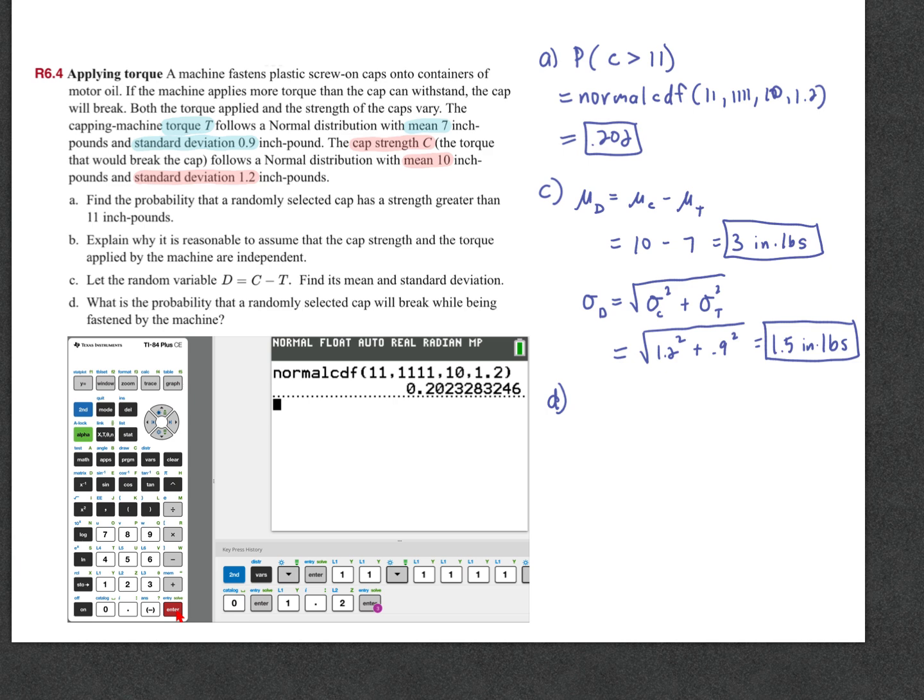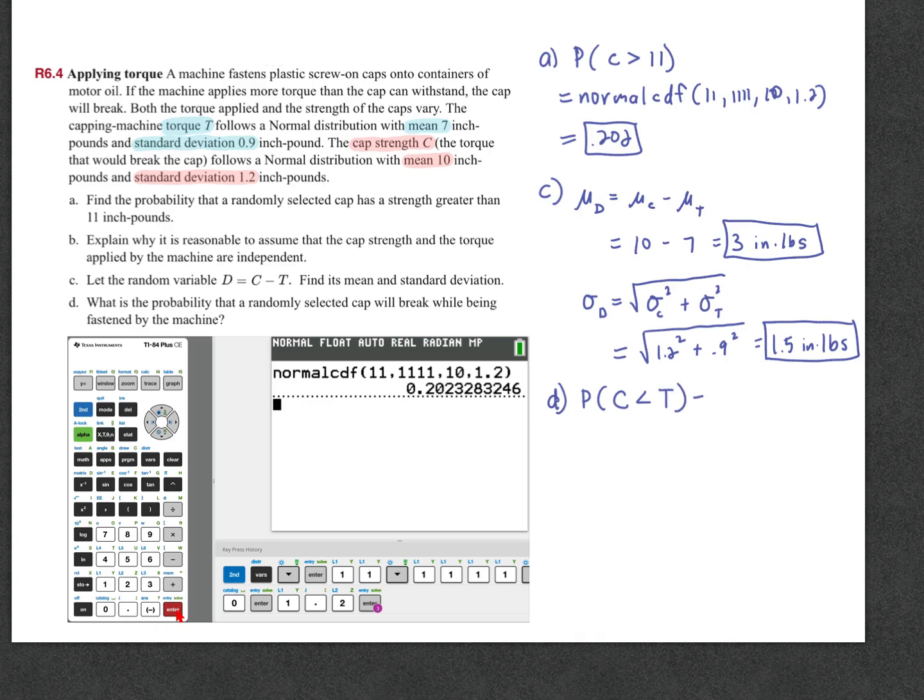So if the torque being applied by the machine is higher than the torque that would break the cap, then it'll break. So we want the probability that the cap strength is less than the torque being applied to it.